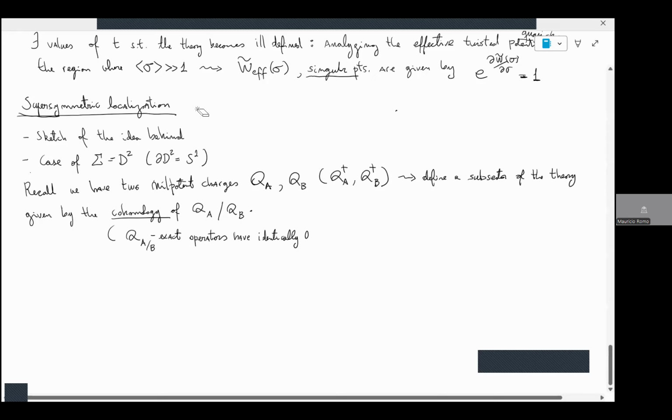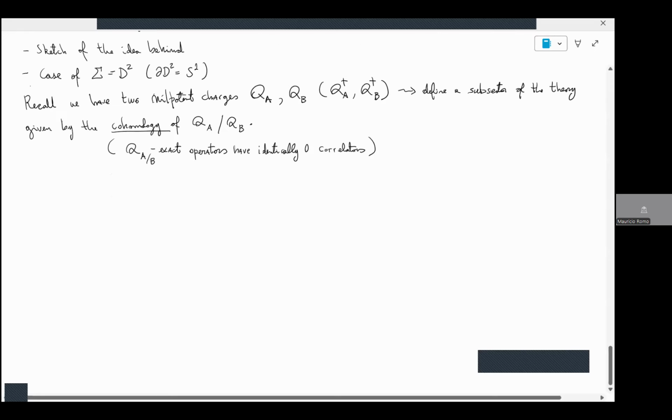I'm going to say a few more words about that. Because they are unbroken symmetries, if you put any QA-exact operator and other elements of the cohomology in a correlator, you are going to get an identically zero result. So that's why the cohomology of this nilpotent operator defines a subsector that you can study separately from all the other sectors of your theory that are certainly going to be much more complicated.